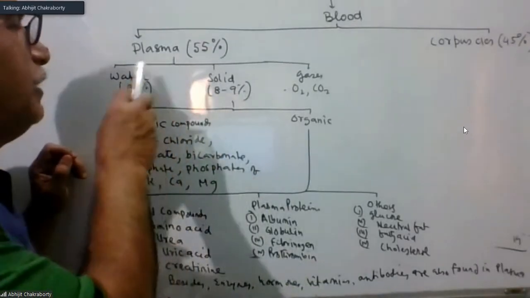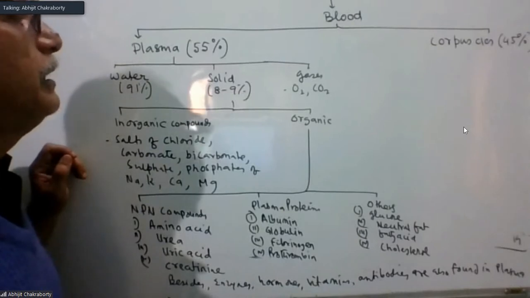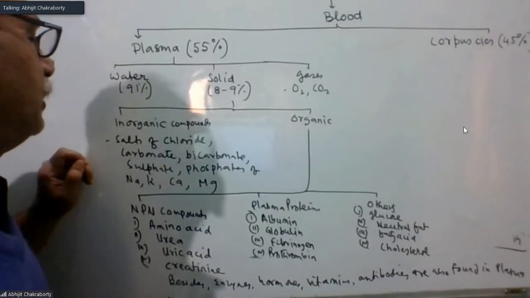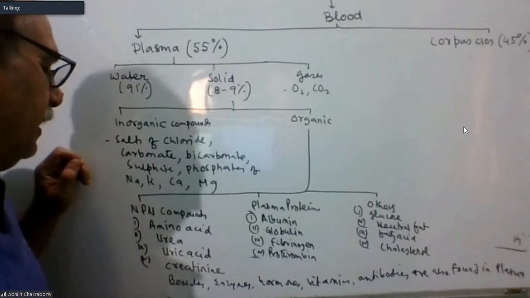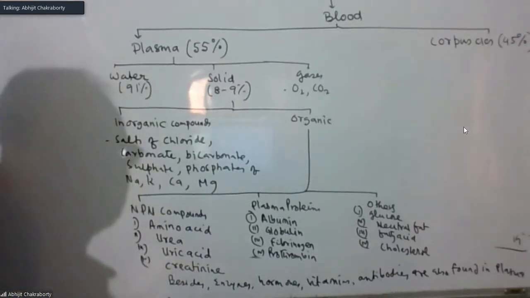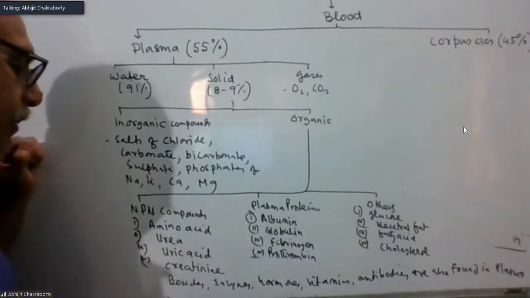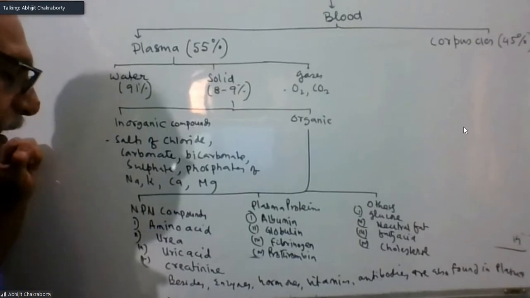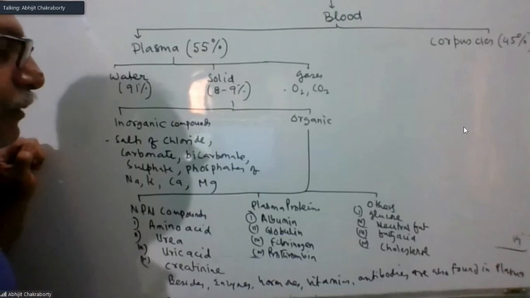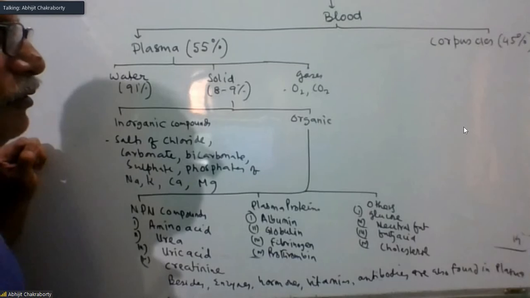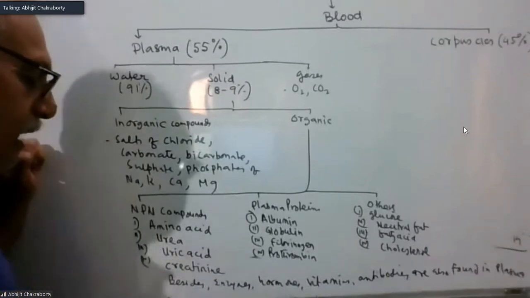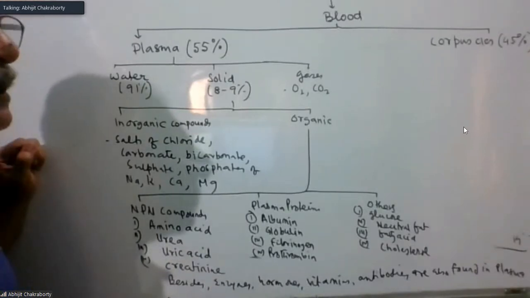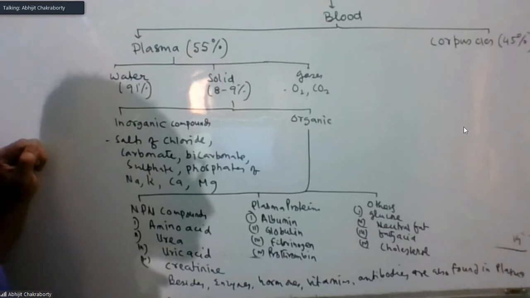First, you need to understand plasma: water 91 to 92%, solid and gases. Solid includes inorganic compounds, salts of chloride, carbonate, bicarbonate, sulfate, phosphate. Then NPN compounds, that means non-protein nitrogenous compounds, under organic: amino acid, urea, uric acid, creatinine. Under the plasma proteins you will get albumin, globulin, fibrinogen, prothrombin. And others include glucose, neutral fat, fatty acid, cholesterol. Besides all these, you will also get some enzymes, hormones, vitamins, antibodies in the plasma part. Is it clear to you?